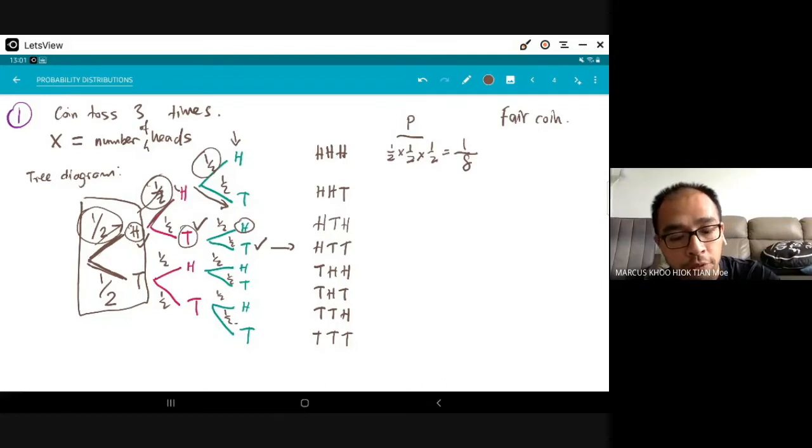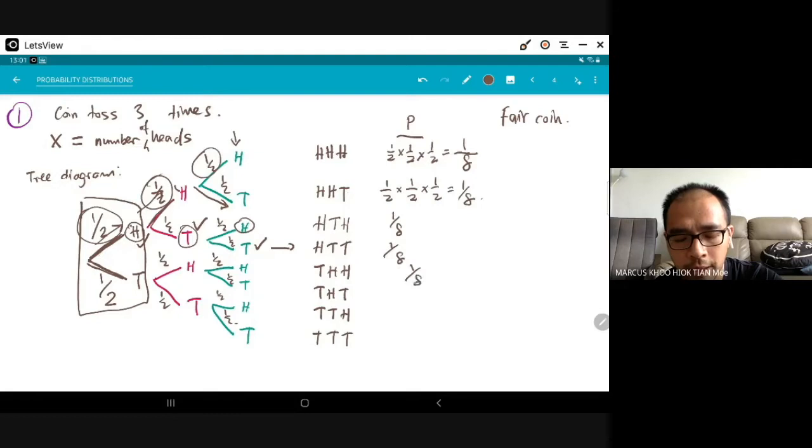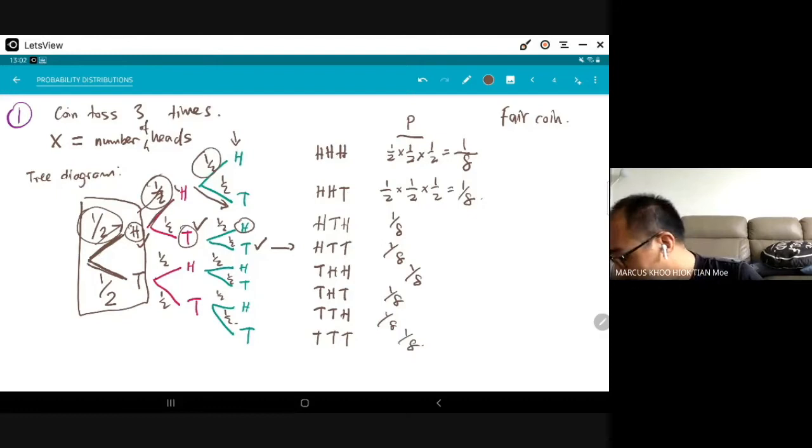And we find that even for HHT, head 1/2, head 1/2, tail 1/2, you will get 1/8. So everything is 1/8. Okay, 1/8, 1/8, 1/8, all these are over there.